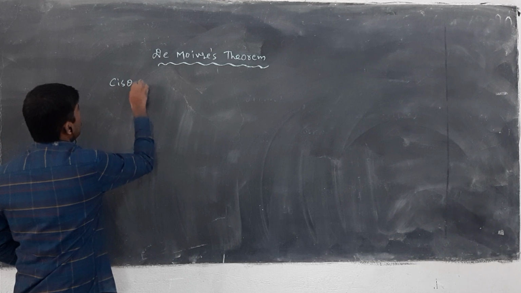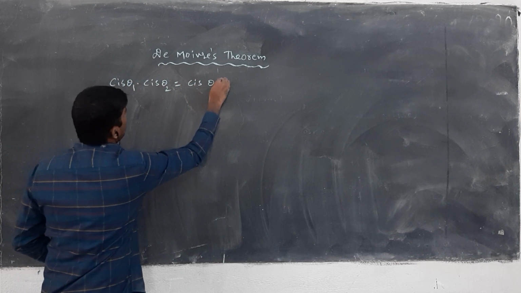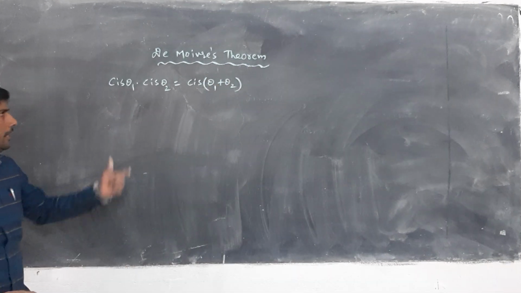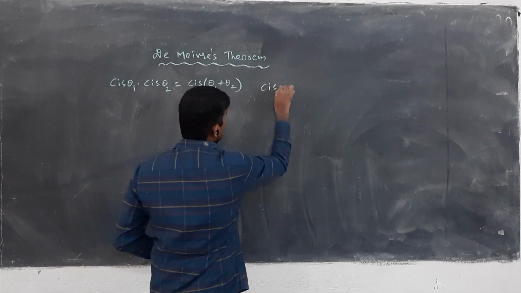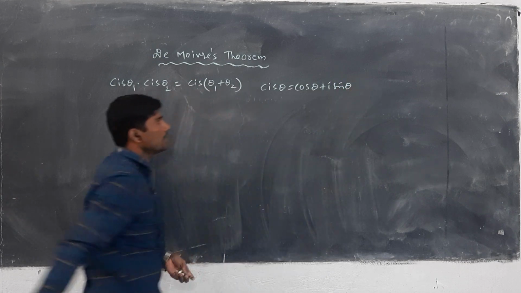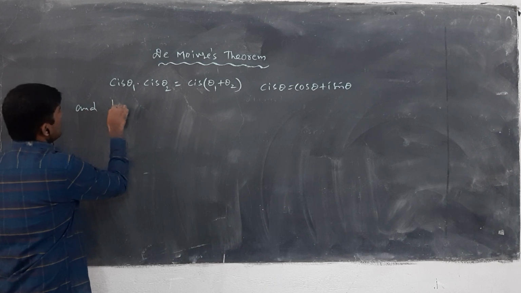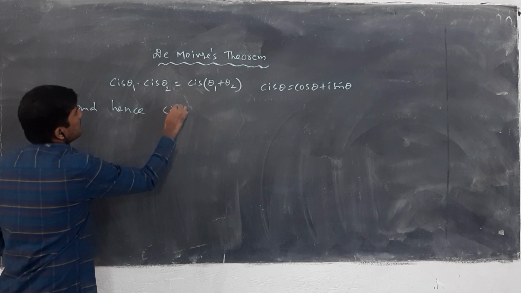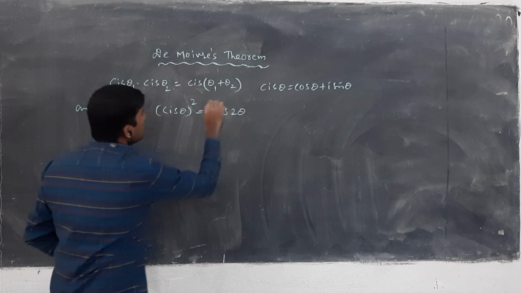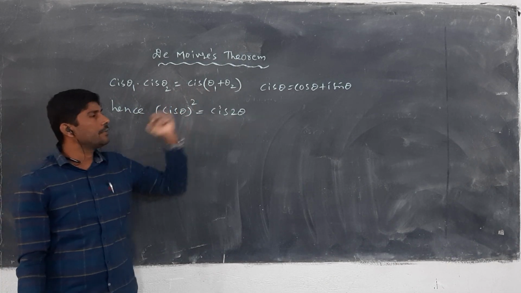Cis theta 1 into cis theta 2 is equal to cis of theta 1 plus theta 2.